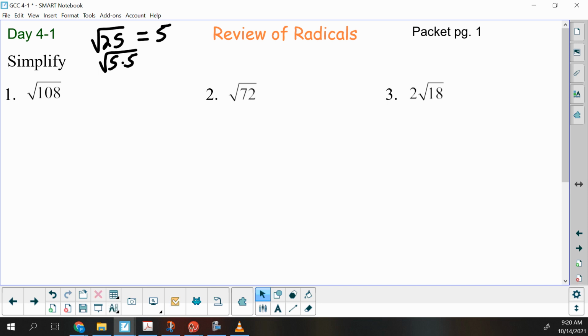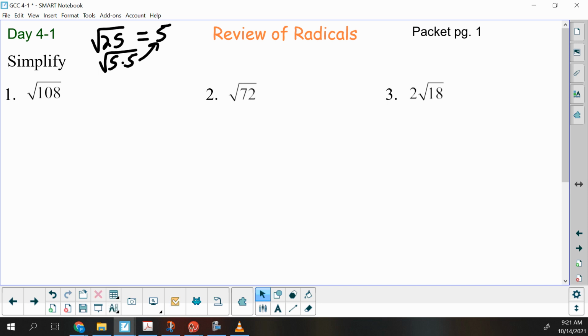So if radical 5 times 5 is equal to just plain old 5, what we want to do is write out our number under the radical as multiplication, or in other words, factors, and any repeats would then come outside the radical. Now there's a nice thing on the calculator that does this for us.